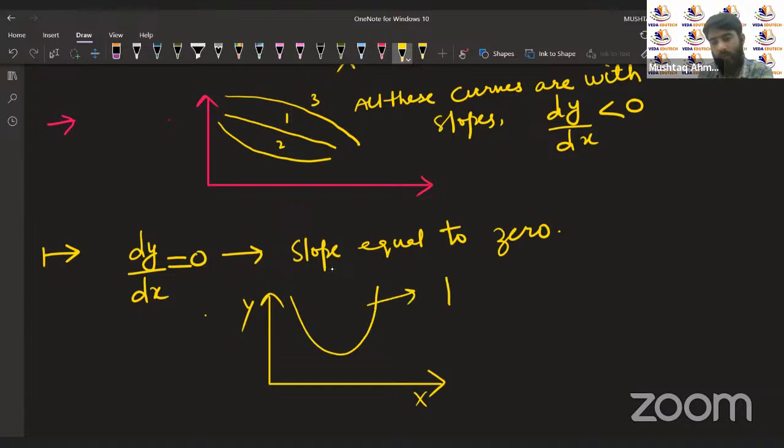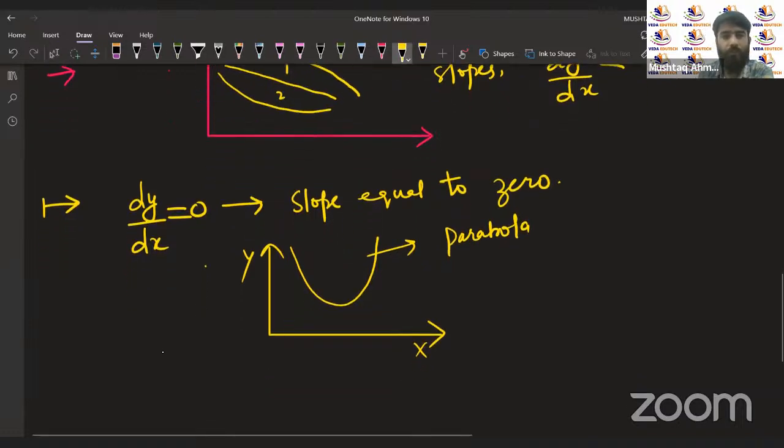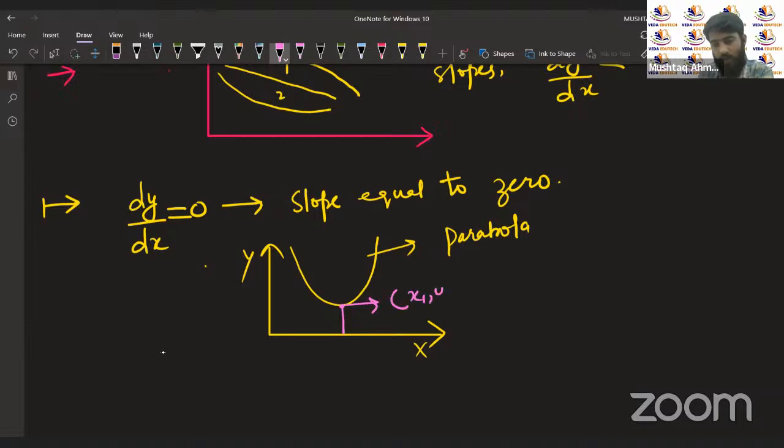which is a parabola. If I choose this point, suppose the coordinate of this point is x1, y1.